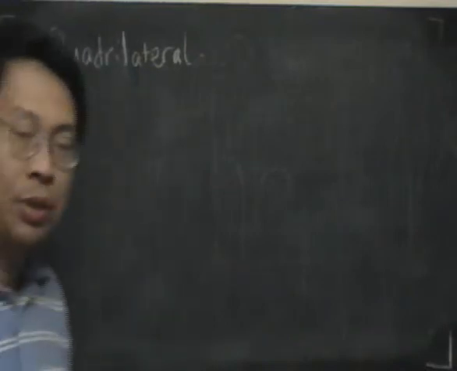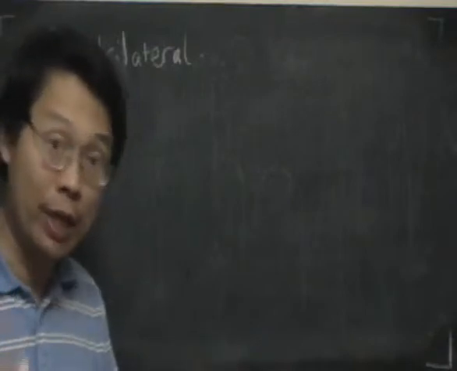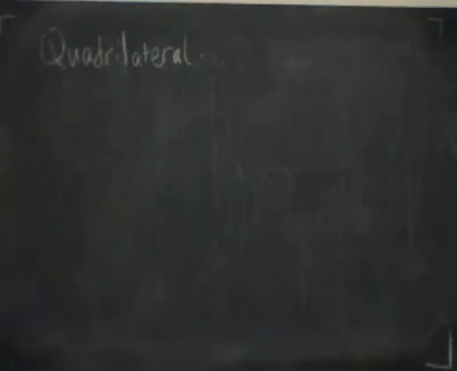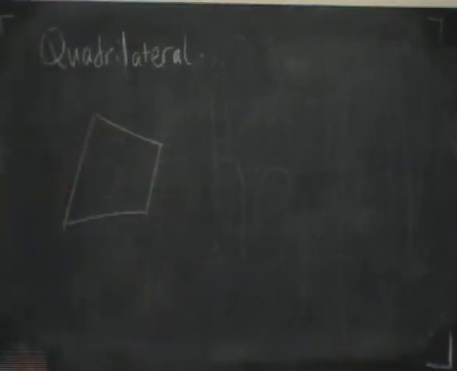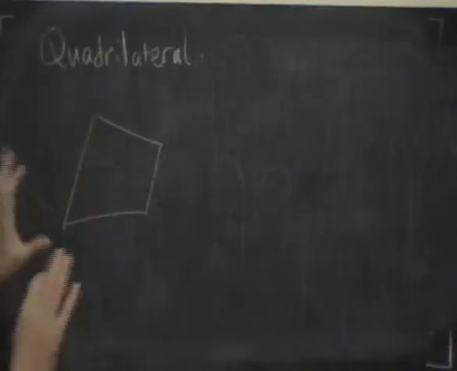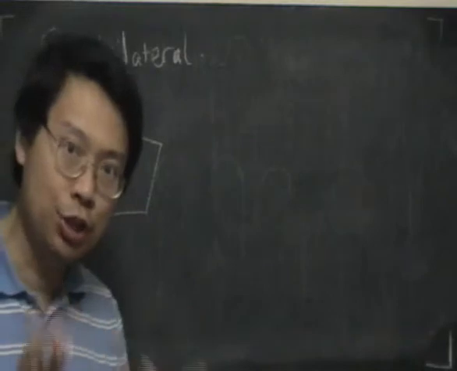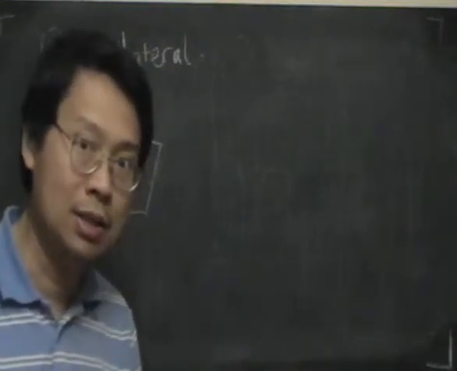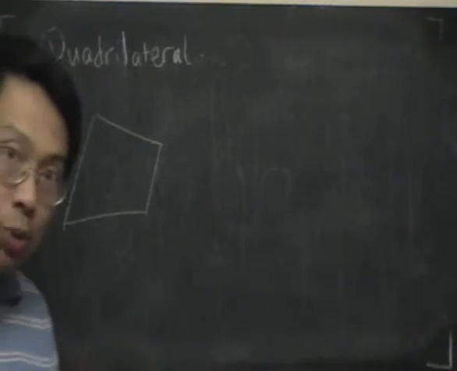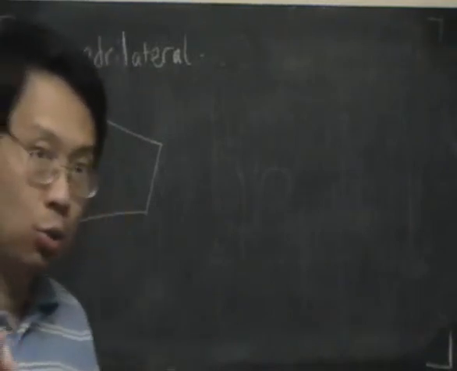What it means is simply a figure that has four sides. Like that. Four sides that are straight lines. Okay, my lines are not very straight, but you get the idea. So it can be any shape and size as long as it has four sides. Now we know of some simple examples like squares and rectangles. So those are examples of quadrilaterals.